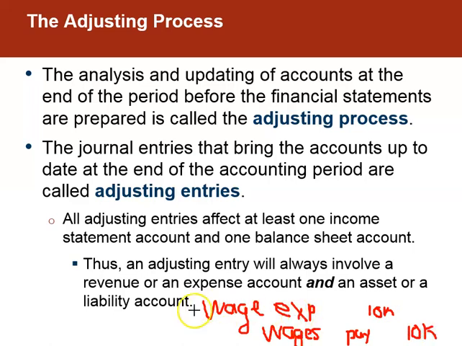All right, so the wages expense is our income statement account, and wages payable is a liability on the balance sheet. Okay, so in this case, we affected one expense account and one liability account, right?